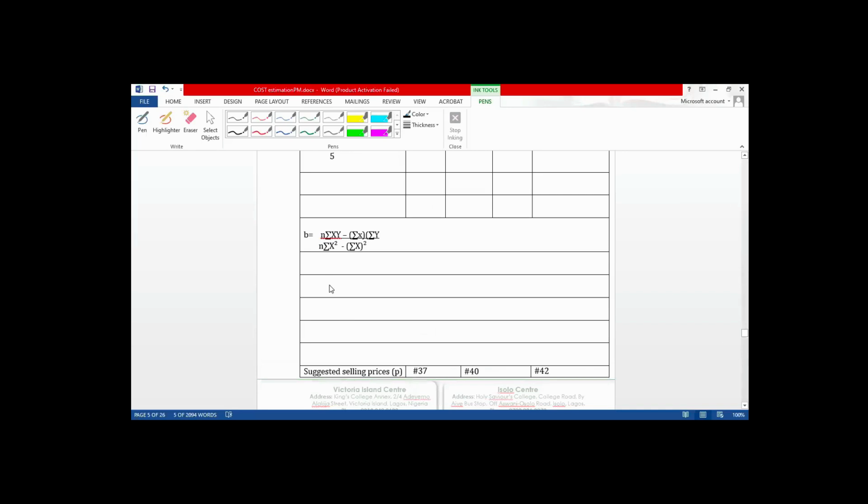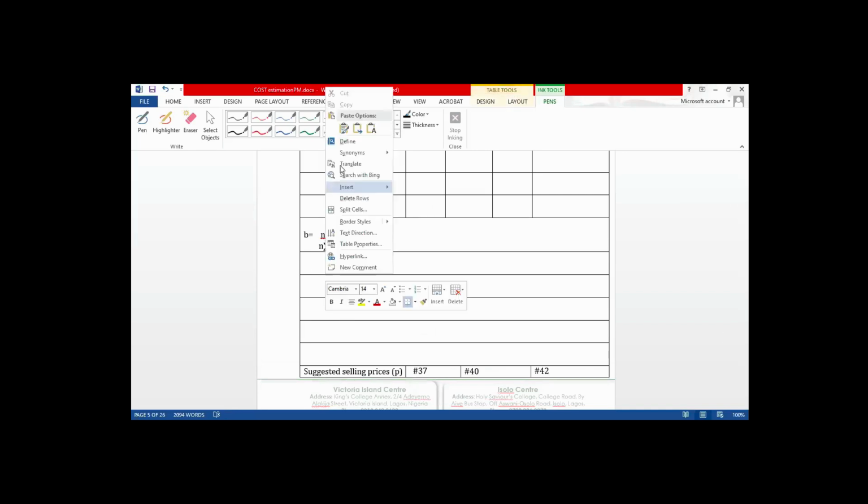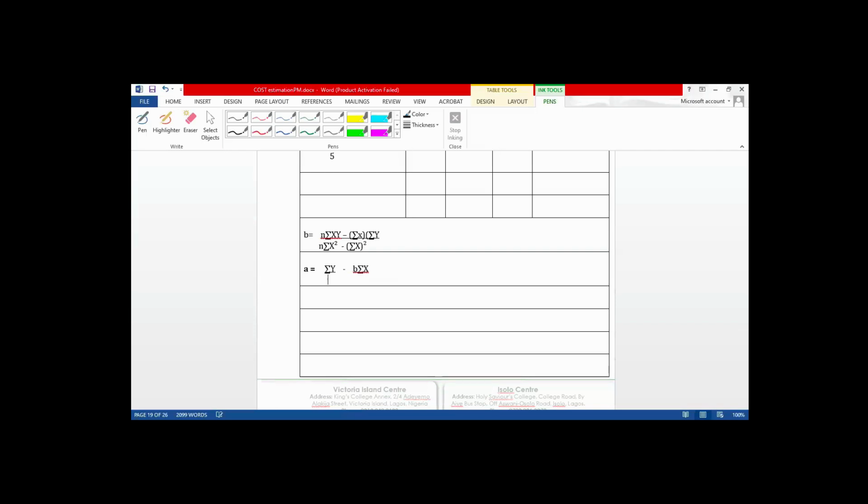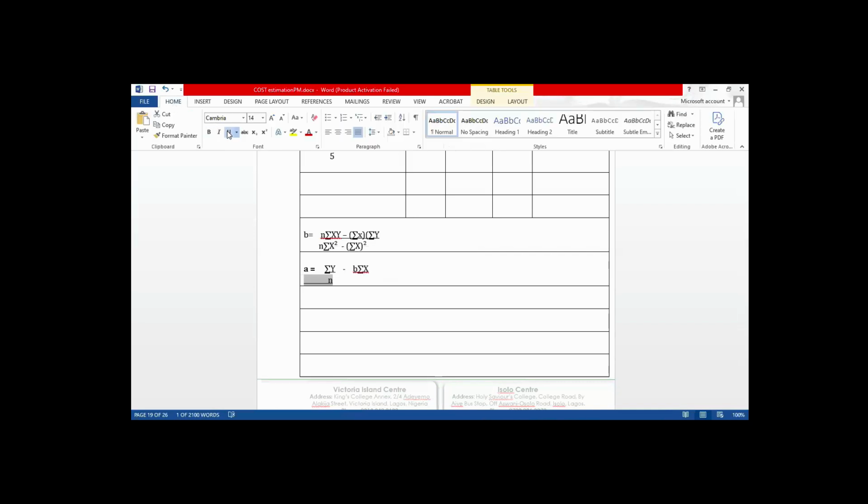To solve for A, A is equal to summation Y minus B summation X, over N. So I need to solve for A and B using this formula.